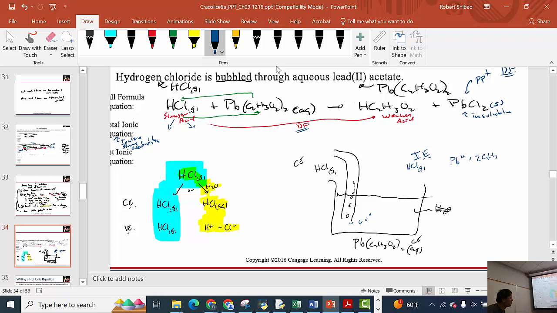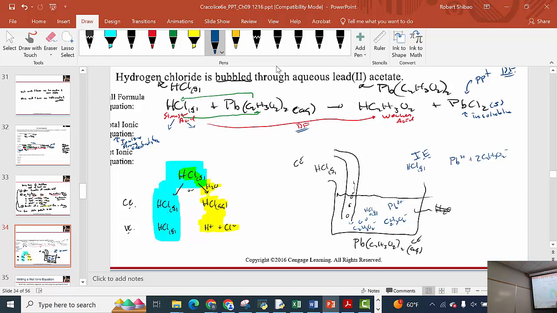The ions it's going to break up into are lead ions and acetate ions. And so in solution here, I have HCl gas bubbles, and then I'm going to have lead ions and acetate ions. For every lead ion, I have to have 2 acetates to balance out the charge. So I'll just write 2 acetates in there somewhere.